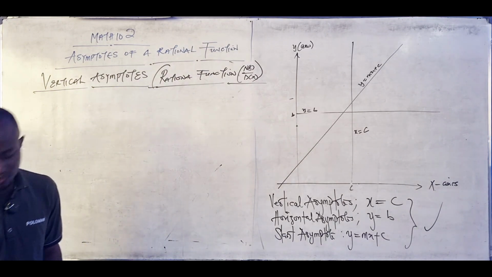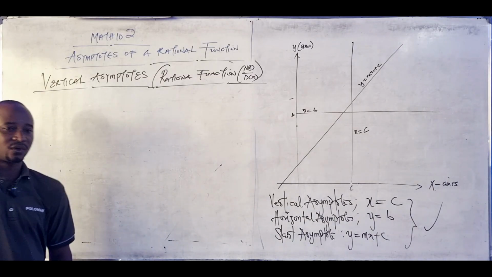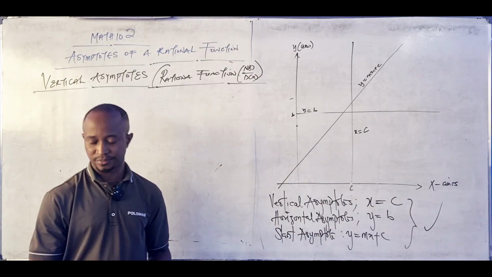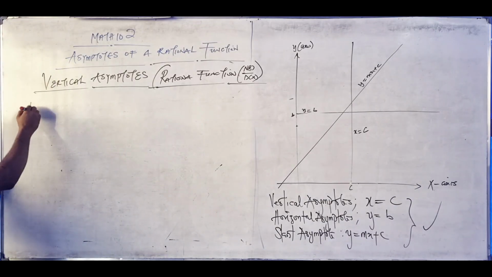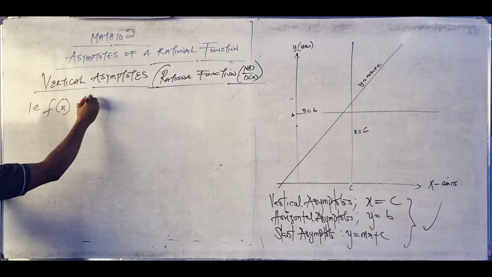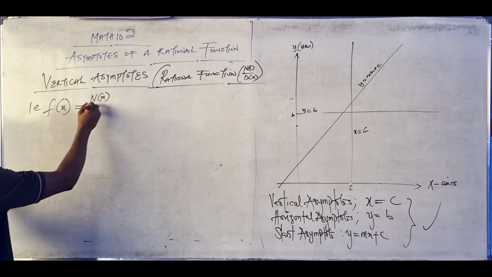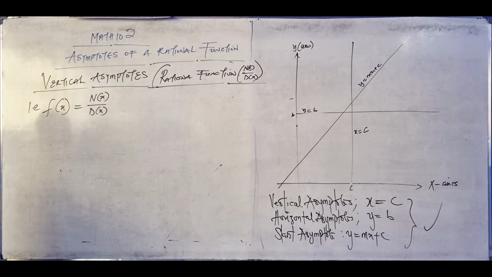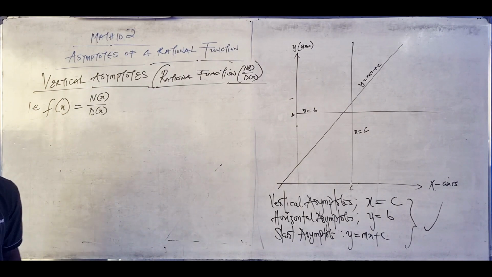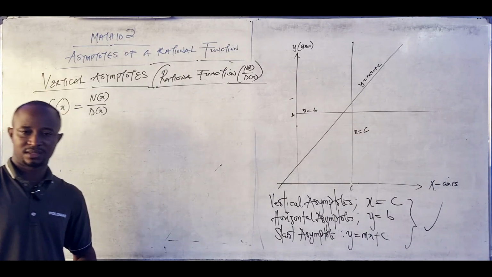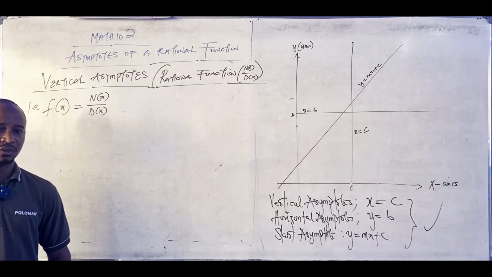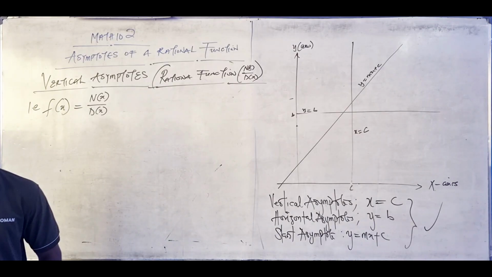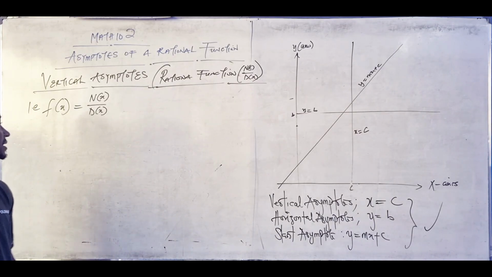To determine a vertical asymptote of a rational function, that is f of x equals n(x) over d(x), we use the roots of both the numerator and the denominator to test for the asymptotic behavior.